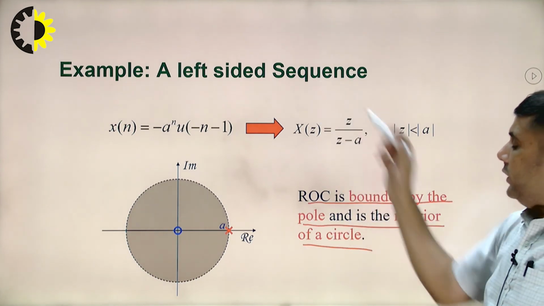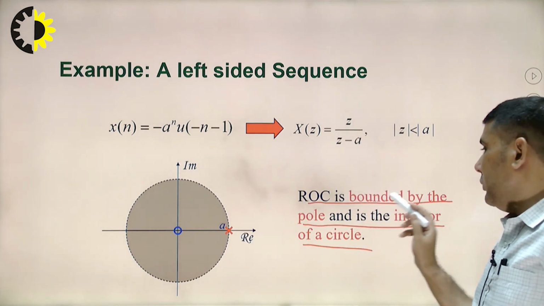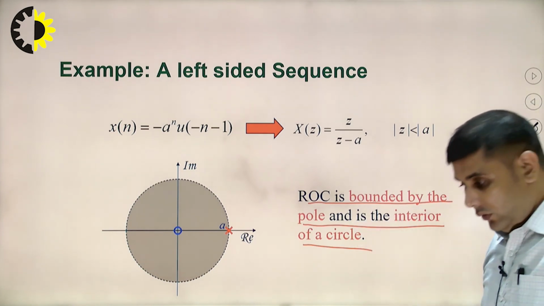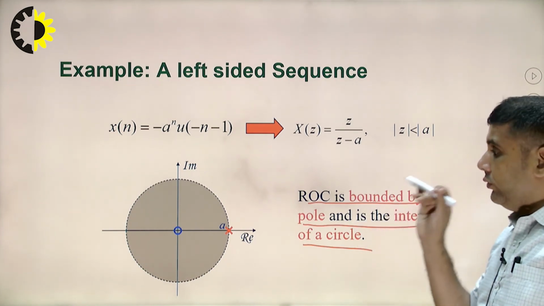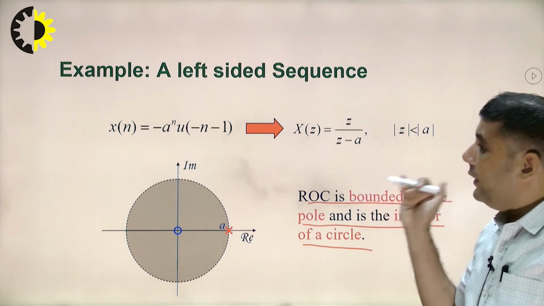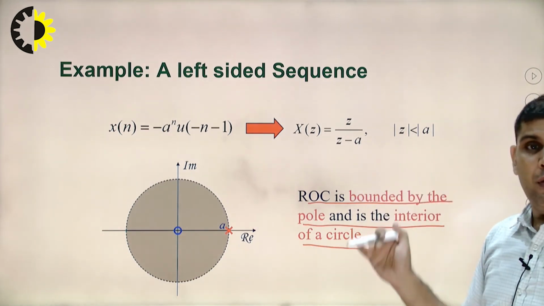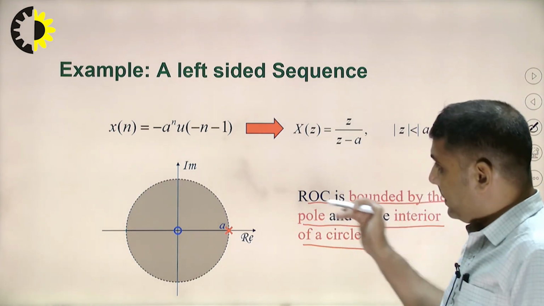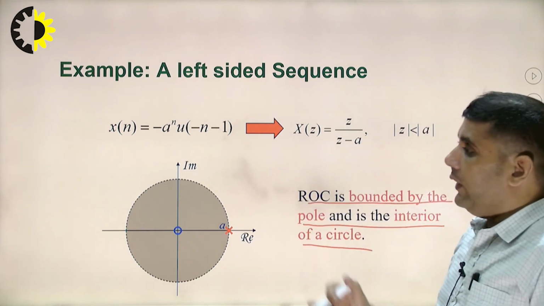So for a left side sequence, the region of convergence is bounded by the pole and is the interior of a circle. That means the position of the pole in any z transform function is very important for defining the stability of the system.